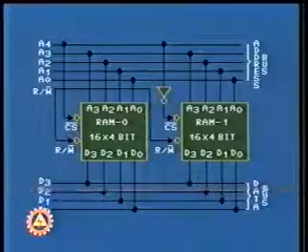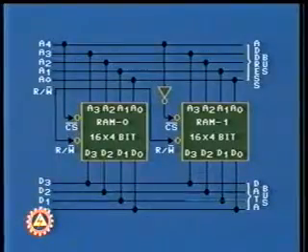In the example discussed, we may view each RAM as providing a page of 16 words and the two together providing 32 words. The address span of RAM 0 is from 0 to 15 and that of RAM 1 is from 16 to 31.